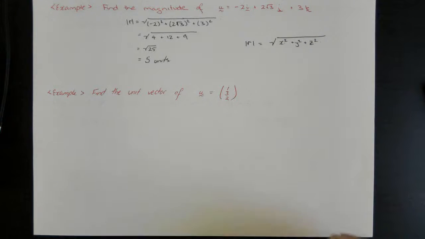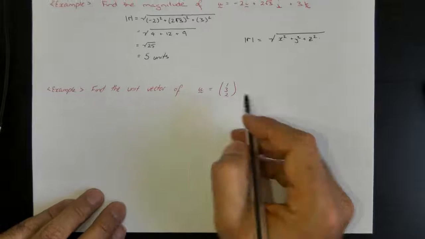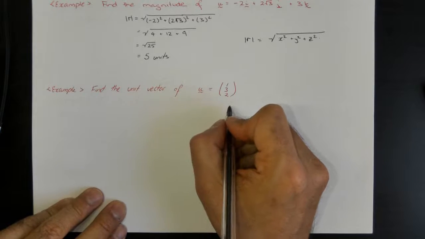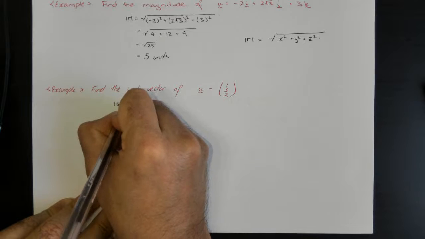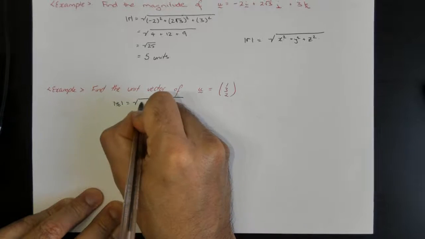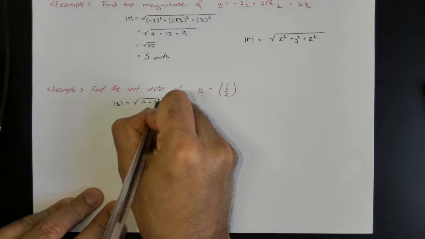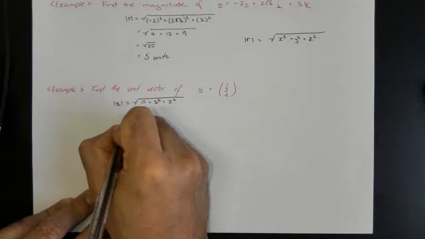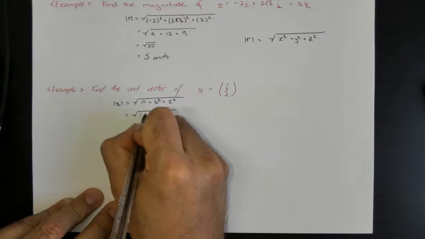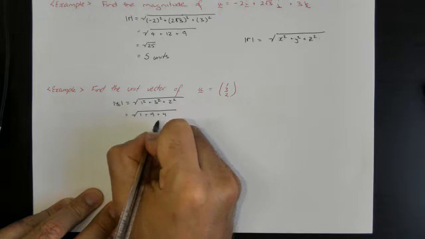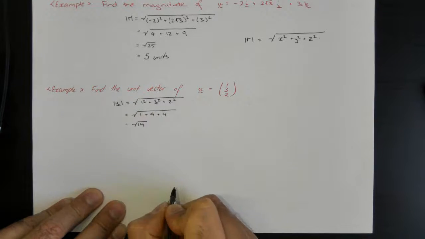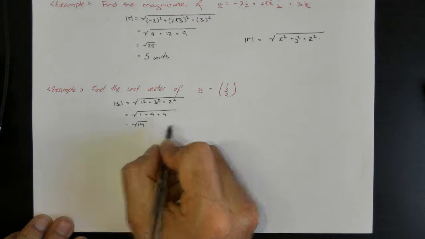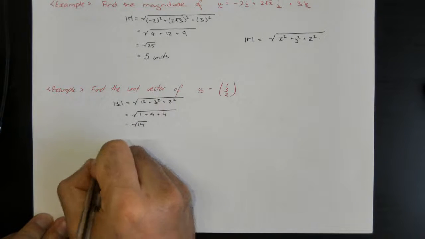Okay, we want to find the unit vector of u. The first thing we need to do is find the magnitude of u. So that's 1 squared plus 3 squared plus 2 squared. So 1 plus 9 plus 4, which is root 14.